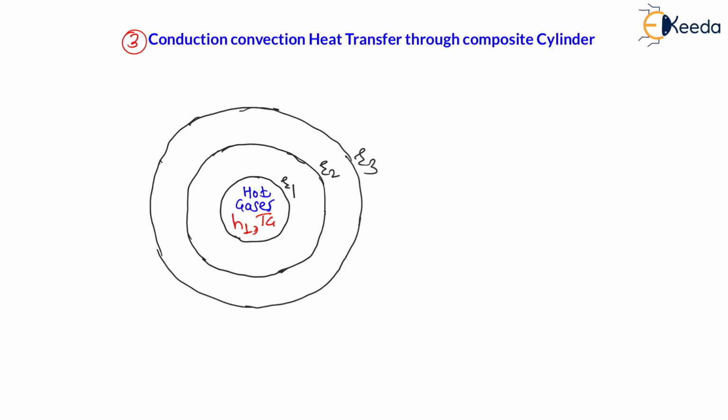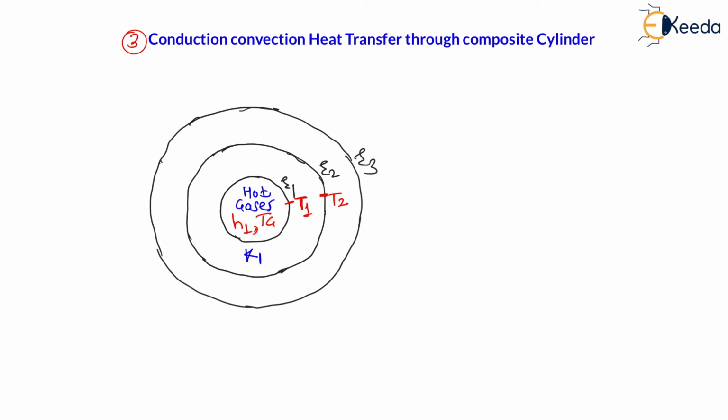Now, my dear students, let us say the first cylinder has thermal conductivity K1. The inside surface temperature of the first cylinder is T1, and the outside surface temperature of the first cylinder is T2.